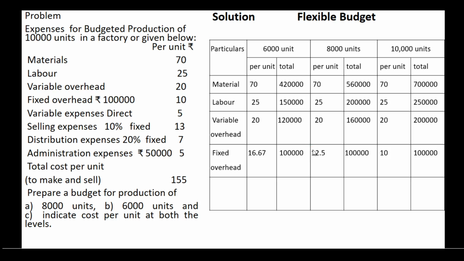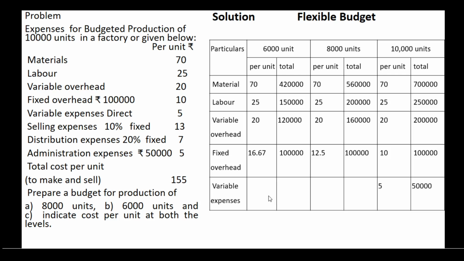And the next one, that is the variable expenses direct. So here for the variable expenses, the cost per unit is 5 under the 10,000 units, it is entered here, and the amount is calculated as 5 into 10,000 units. So now the total amount is rupees 50,000.